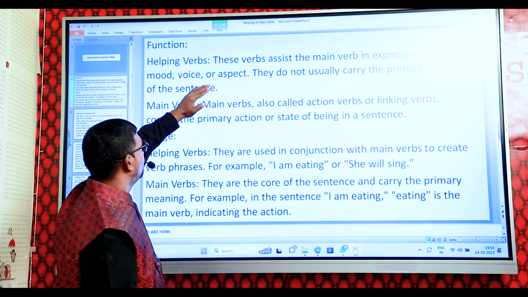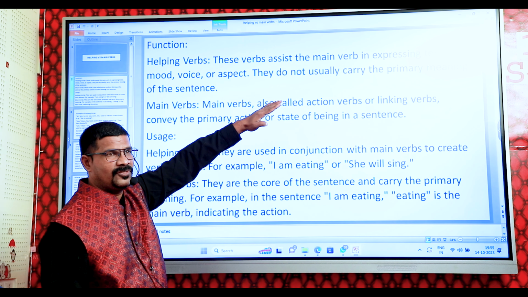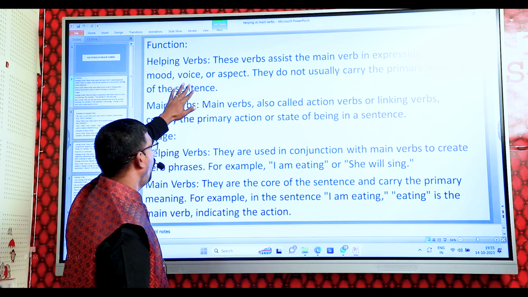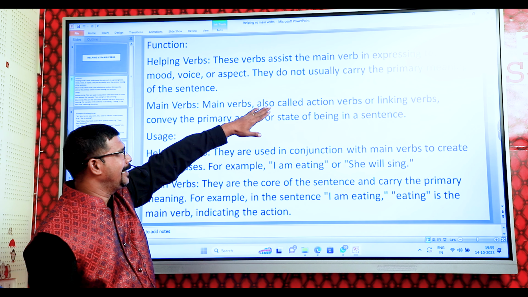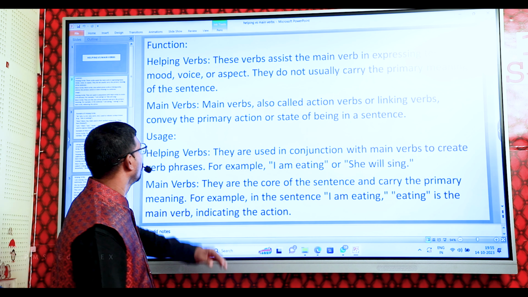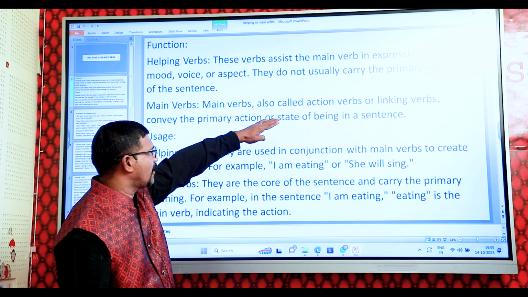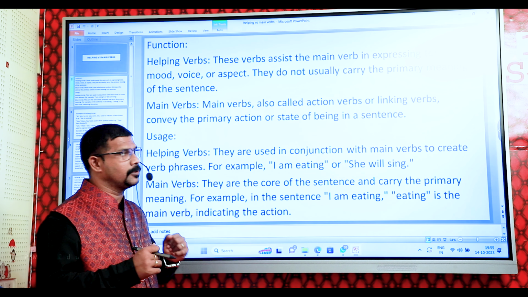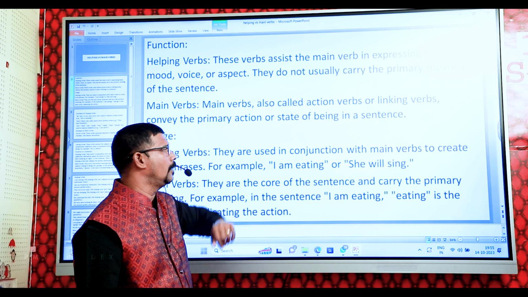Helping verbs. These verbs assist the main verb in expressing tense, mood, voice, or aspect. They do not usually carry the primary meaning of the sentence. Main verbs, also called action verbs or linking verbs, convey the primary action or state of being in a sentence.